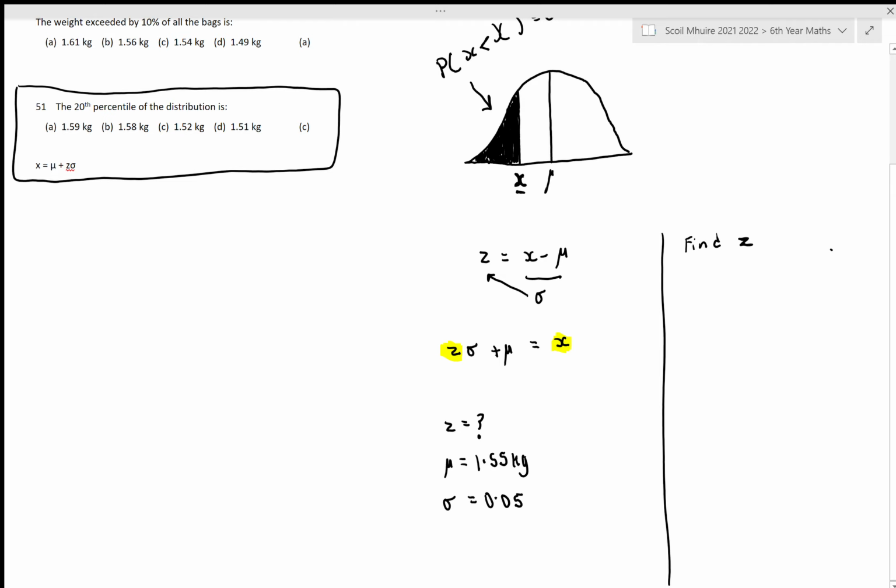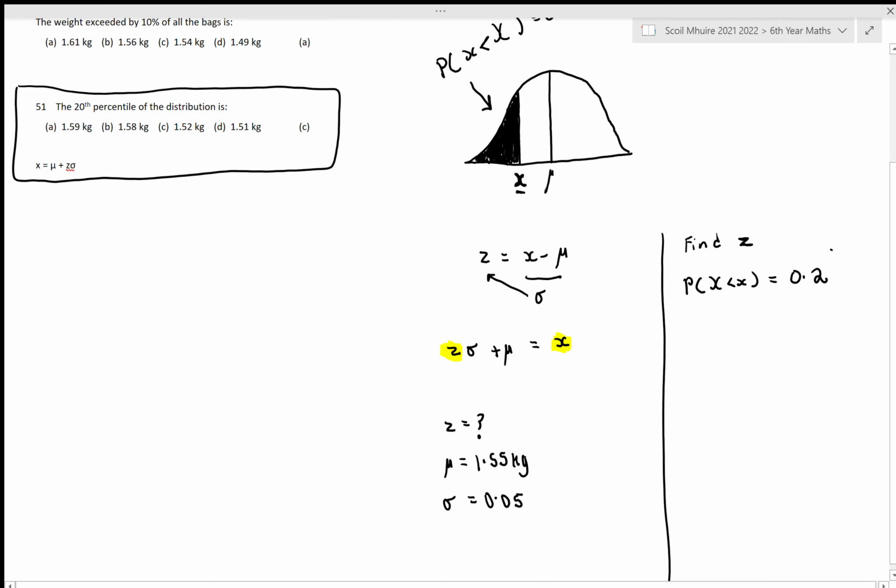Well, we're given a probability, so we're going to use our z tables. We are given that the probability of x being less than some value is 0.2, and you want the corresponding z-score.